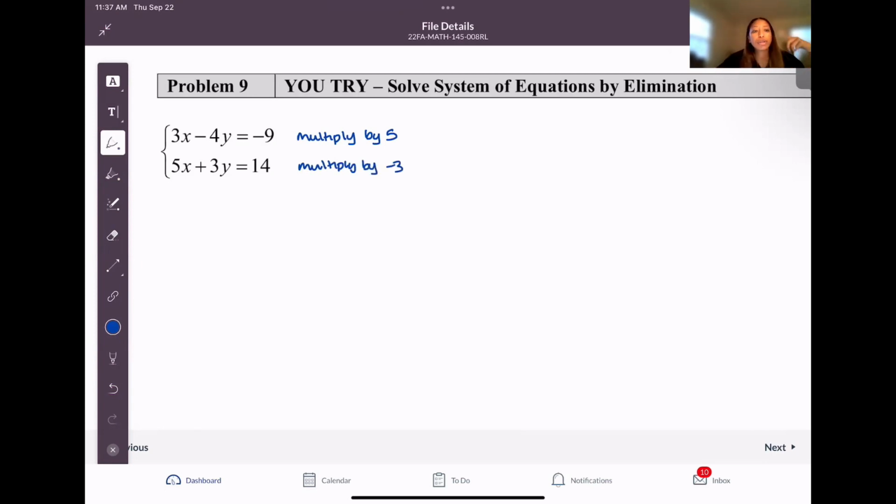And I'm doing negative 3 because one has to be positive and one has to be negative. Okay, let's write that out. So I have 3x minus 4y times 5 equals negative 9 times 5. And then 5x plus 3y times negative 3 equals 14 times negative 3.